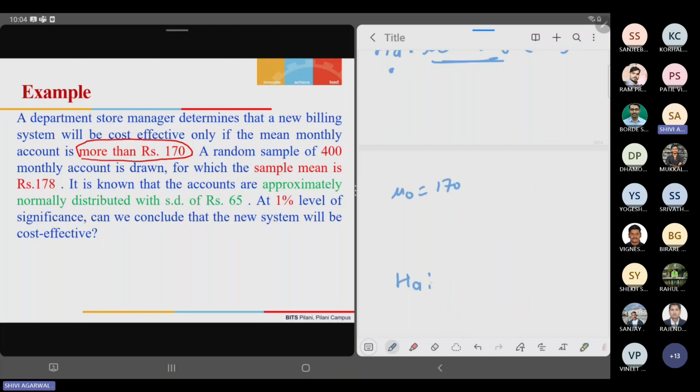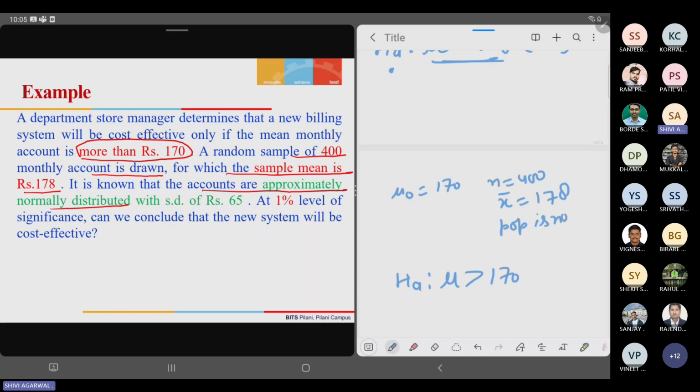HA is mu greater than 170. A random sample of 400, so n is equal to 400, is drawn, and the sample mean is 178. So X bar is 178. It is known that accounts are approximately normally distributed, so the population is normal. It is given information just to give enough evidence.